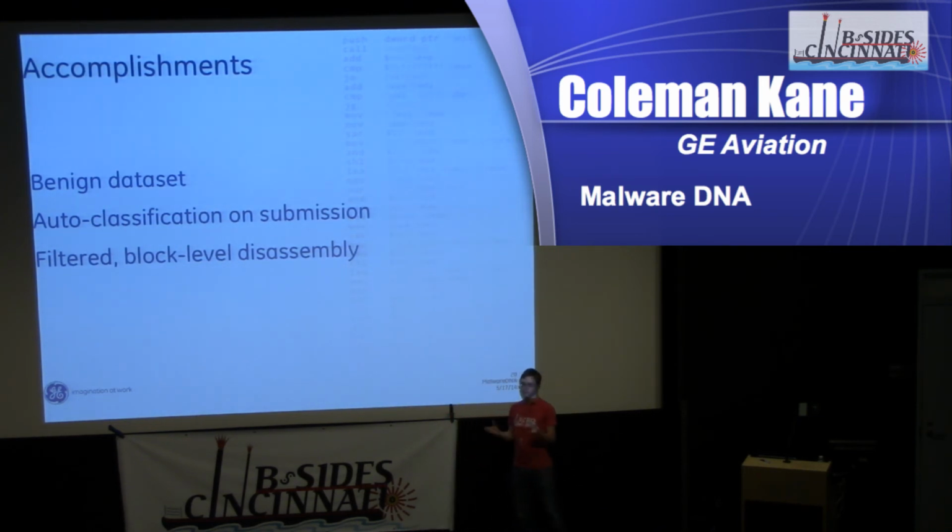I've been doing software work for a long time, and bad code lives on forever, especially horribly unreadable code. And that is, from my experience, no different when it comes to malware samples and malware projects. And that is a key place to do this last filtered block level disassembly, which I can actually have show me the disassembly of the 2 blocks from, say, 1,000 blocks across these 5 malware samples that occurred in every single one of them.